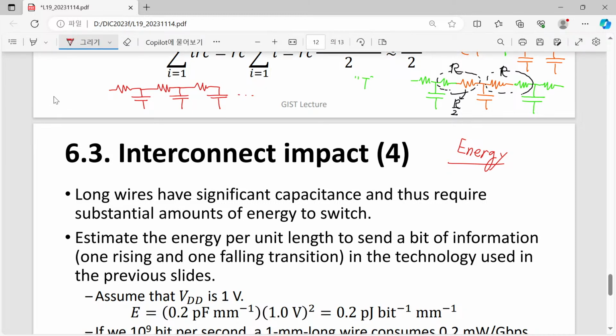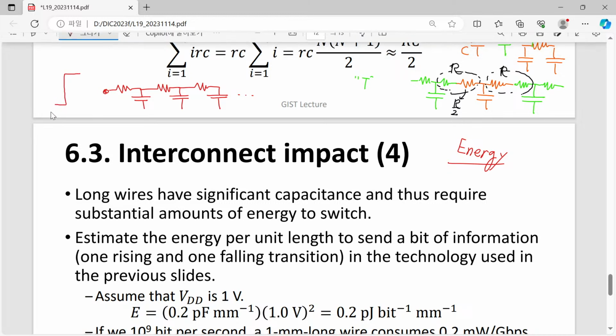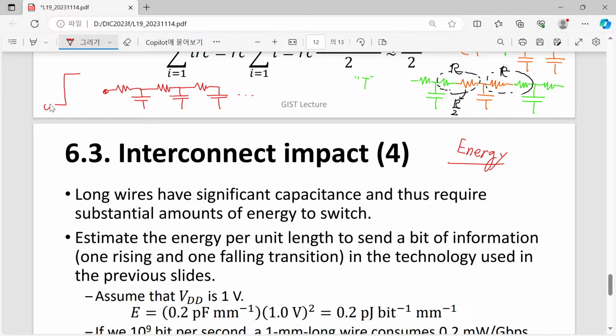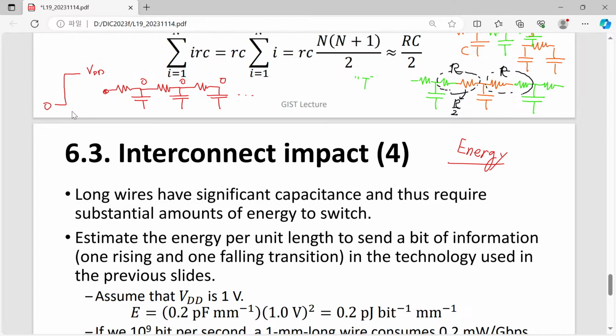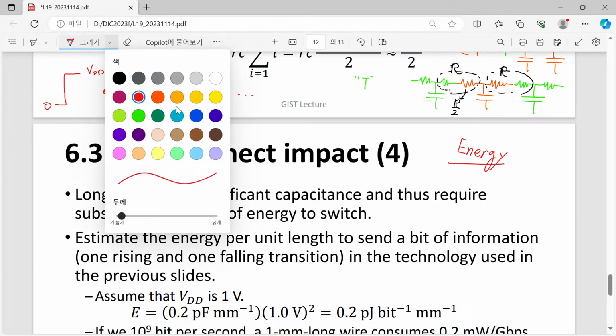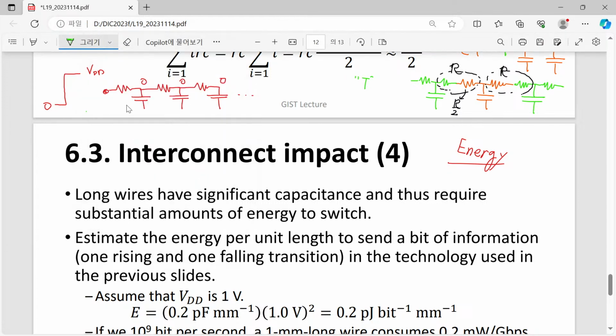Then now let's say that this is the input part, and we just increase the signal value from 0 to VDD. Let's assume that originally our output voltage was 0. Then what will happen? When we increase this value, after a certain time delay, it will be VDD.